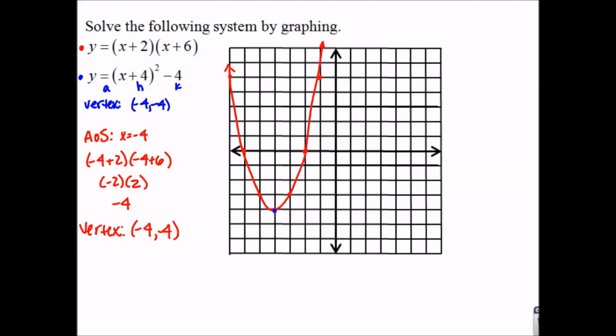And then a is 1, so we're going to follow the normal pattern for a quadratic. We go over 1 and up 1, over 2, up 4, over 3, up 9. And you can see that we're going to end up with the exact same parabola. If you ever end up with the two graphs being identical, then that means you have infinitely many solutions.